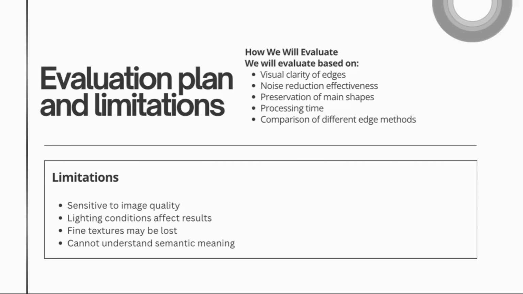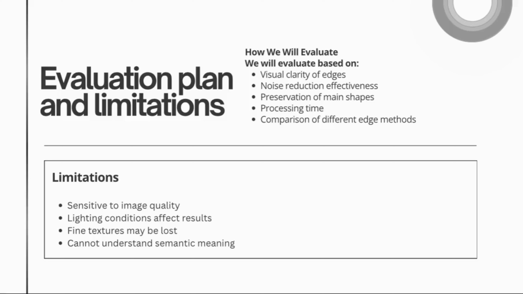Evaluation plan and limitations. How will we evaluate? We will evaluate based on visual clarity of edges. So for our after image or before, first thing first we're going to notice the visual clarity of edges.